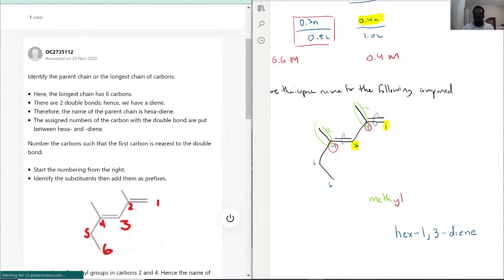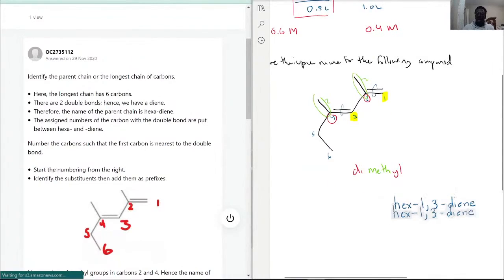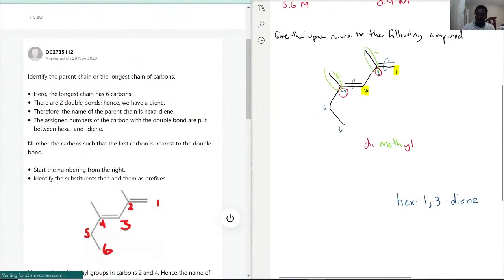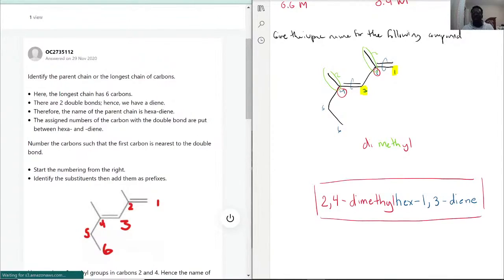And because there are 2 of them, you would have to put dimethyl, okay? So with that being said, according to the picture given, where it starts: 2,4-dimethylhex-1,3-diene. This would be the IUPAC name for that compound.